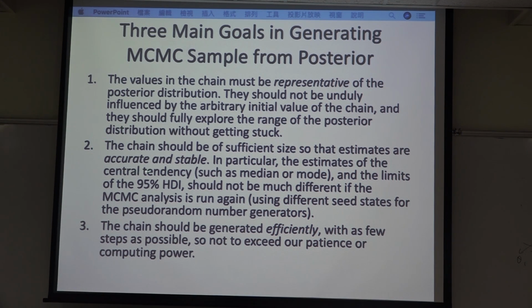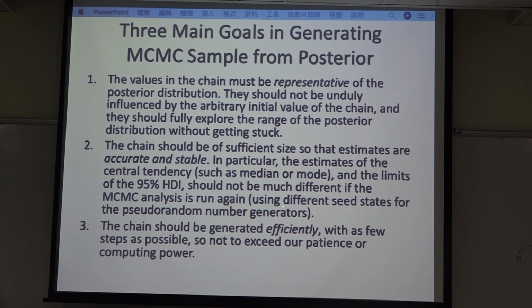Second, the chain should be of sufficient size so that estimates are accurate and stable. In particular, the estimates of the central tendency, such as median and mode, and the limits of the 95% HDI should not be much different if the MCMC analysis is run again.